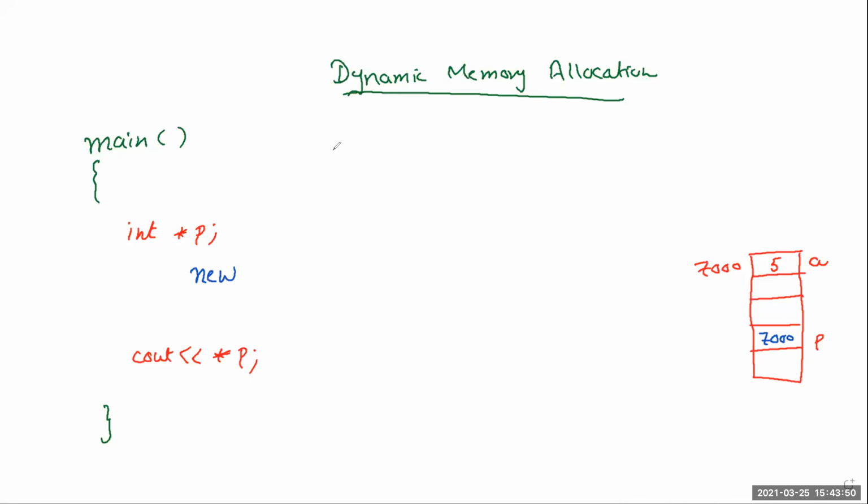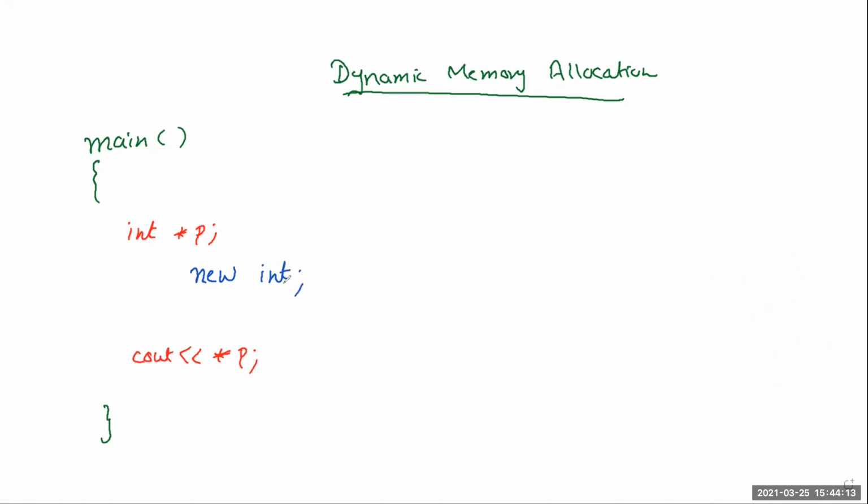Now, what does this keyword do? New is basically requesting the program for memory. You are telling your program, I need memory to store something, and after new, you need to tell what you want to store. What do we want to store? Suppose we want to store an integer.